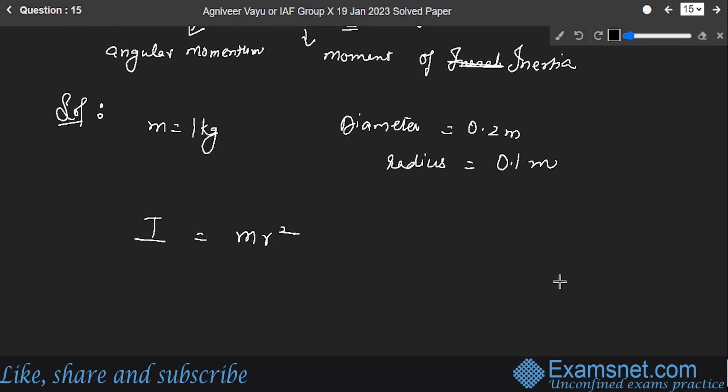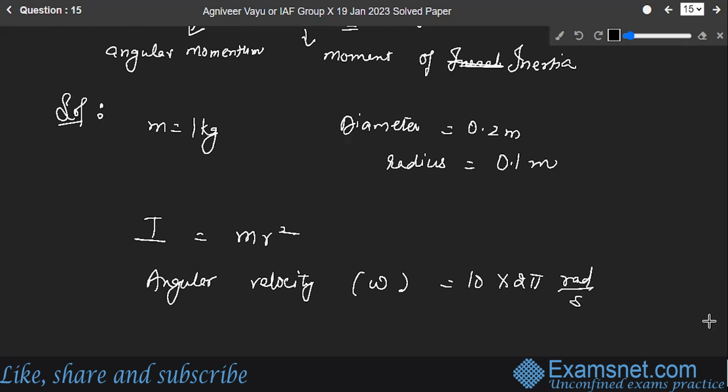As the ring rotates 10 revolutions per second, that means it has the angular velocity omega equal to 10 into 2 pi radians per second, right?